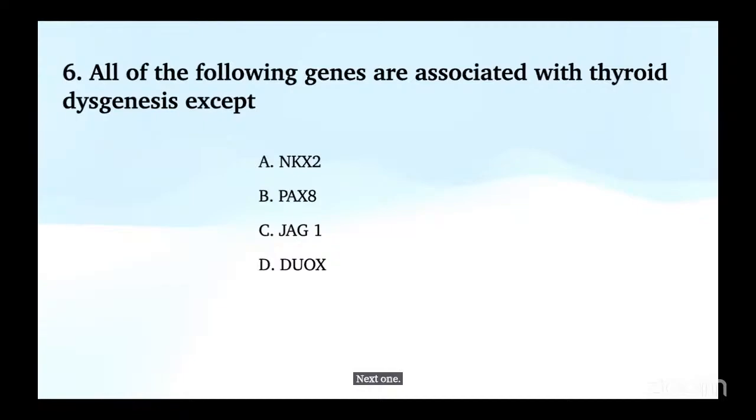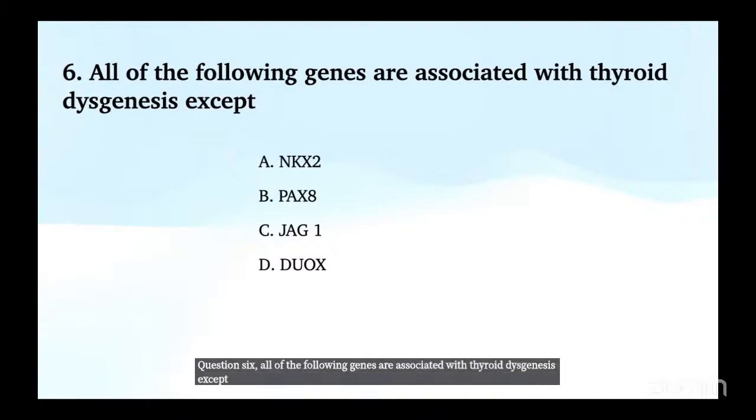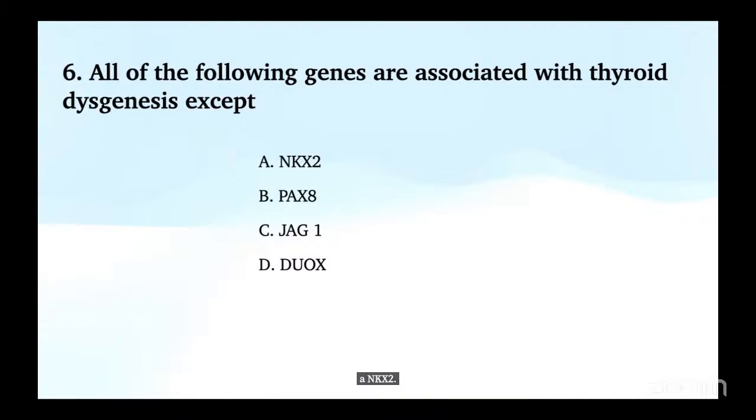Question 6. All of the following genes are associated with thyroid dysgenesis except A. NKX2, B. PAX8, C. JAG1, D. Duox. Next, ma'am.